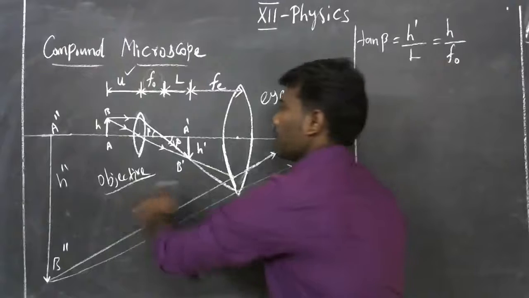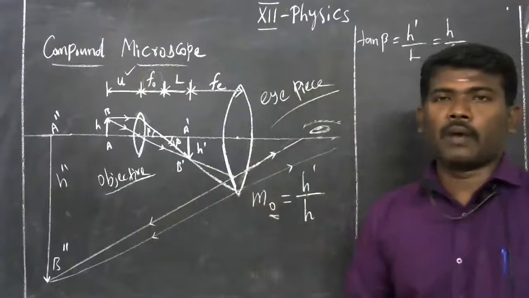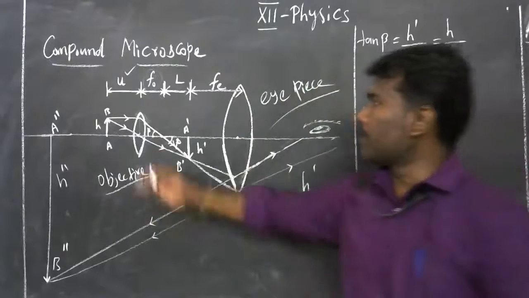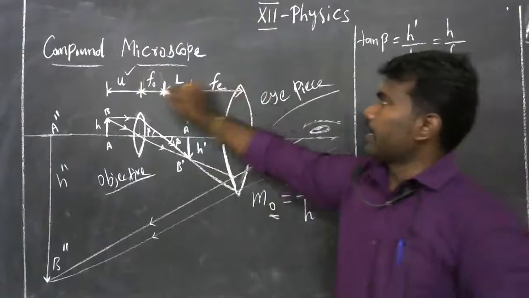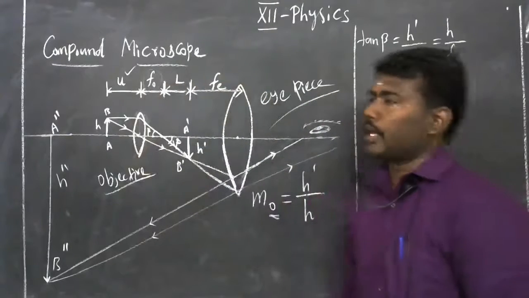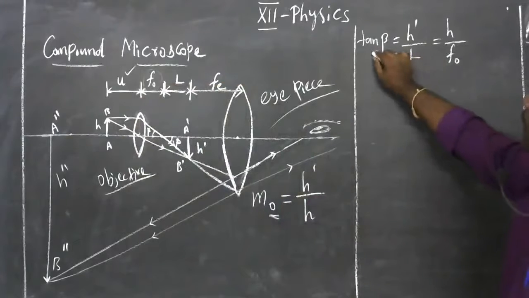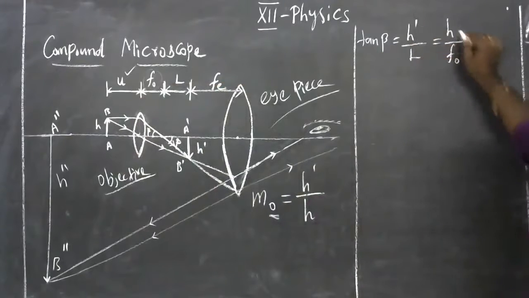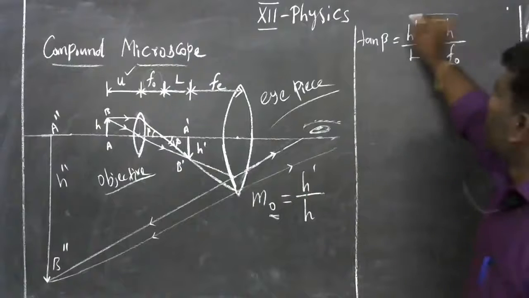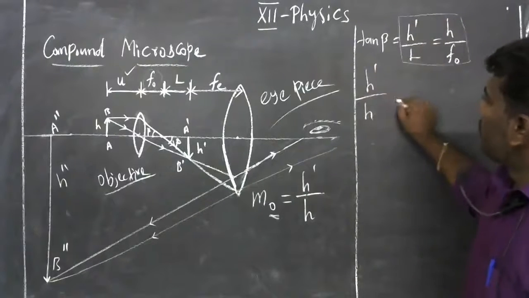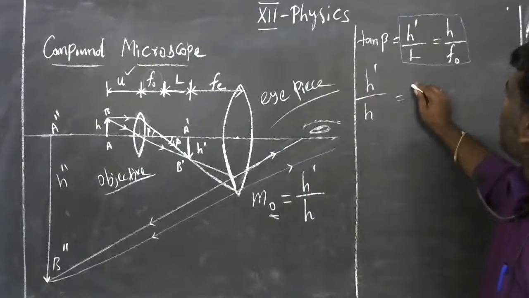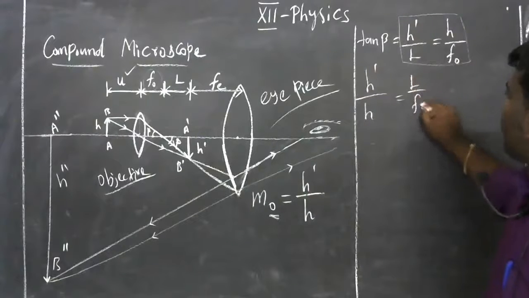Compare these two lenses. The eyepiece has a larger focal length compared to the objective lens, so Fe is greater than f naught in this diagram. We get tan beta equal to h dash by L and h by f naught. Now comparing these two equations, h dash by h is nothing but L divided by f naught.